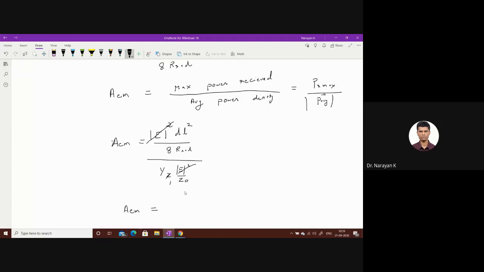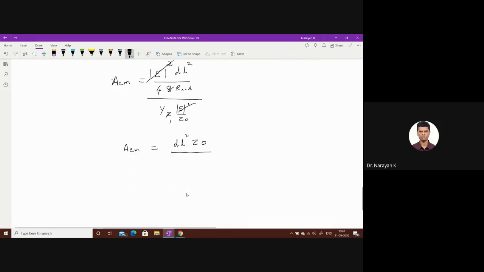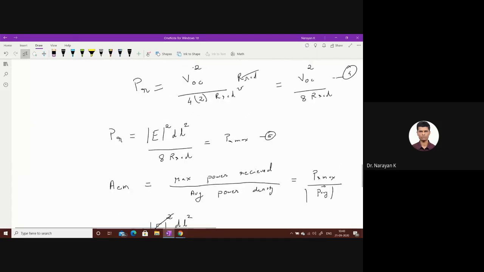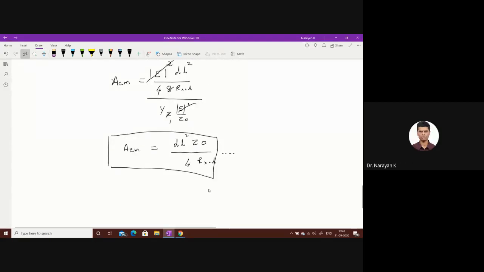So you will end up getting here DL square Z naught divided by, what I should get, 4 into radiation resistance. Got it till here? Got it, sir. Very good. So call this as equation number 6.